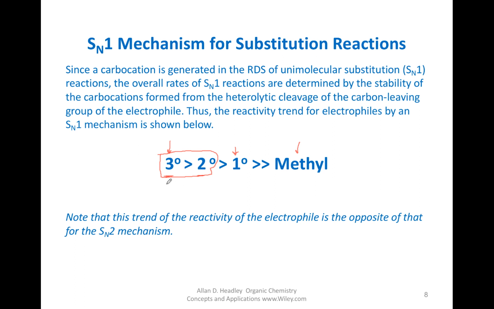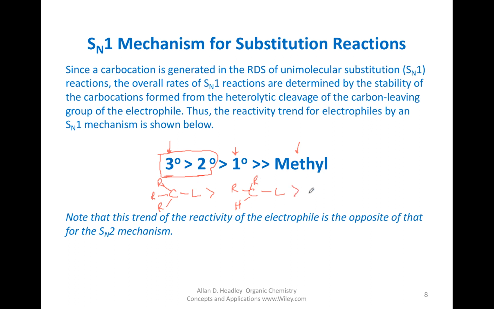Another way of stating this is the electrophile should be tertiary. So if we have a carbon bonded to a leaving group, depending on the 3 groups here, if there are 3 alkyl groups, which makes it a tertiary electrophile, this is more reactive than a carbon that has a leaving group and 1 H and 2 R's bonded to it.